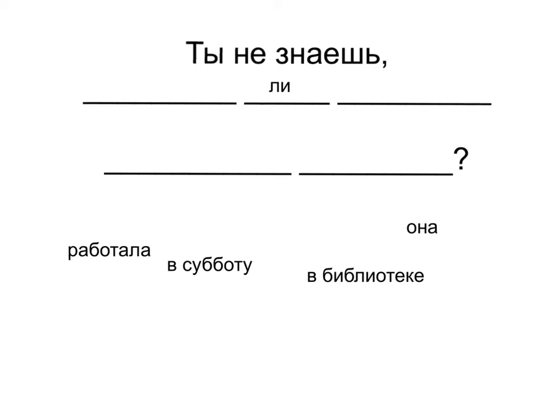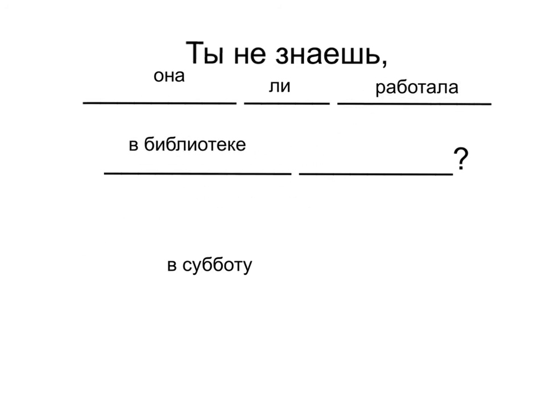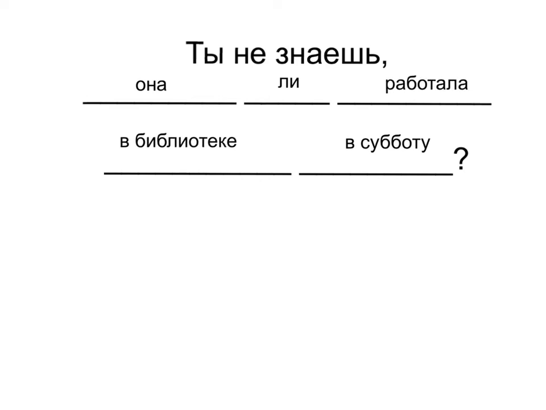Ты не знаешь, она ли работала в библиотеке в субботу? So you see how the word order works in a sentence using li. The most important or questioned thing is in the first spot. Li is in the second spot, and then the rest of the sentence comes later.